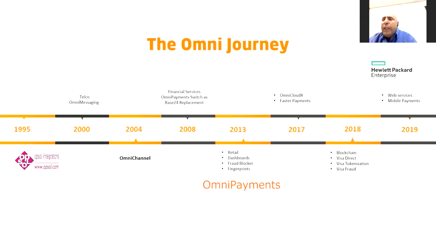In 2008, we took the omni-channel product and we were able to replace Base24 for one of the largest US banks. Wells Fargo Bank replaced their Base24 installation with OmniPayments in 2008. And we were processing 40 million transactions per day, close to about 1 billion transactions per month. So that was one of our biggest success stories in the finance space.